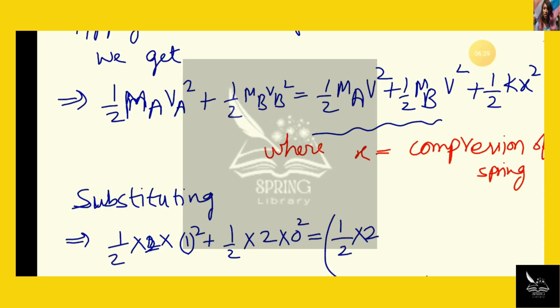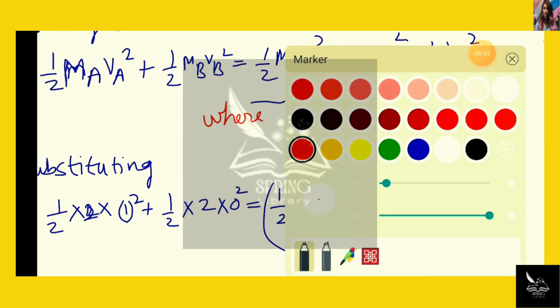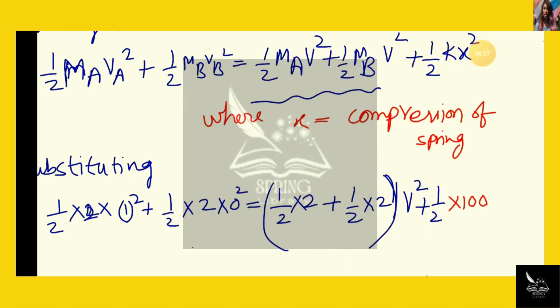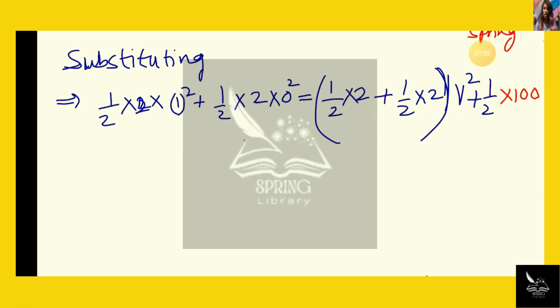After putting the values, half multiplied by 2 plus half multiplied by 2, and outside V square, plus half multiplied by k, that is 100, multiplied by x square. Now simplify it, and after solving I get 1 minus 2V square is equal to 50x square. This is equation number 1.